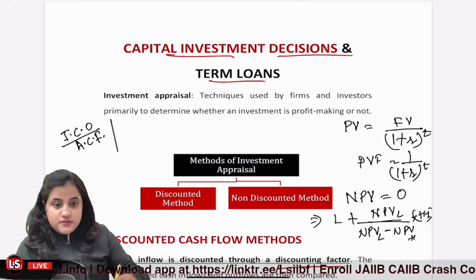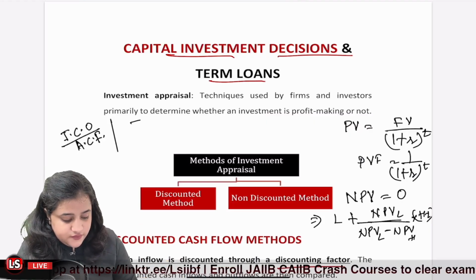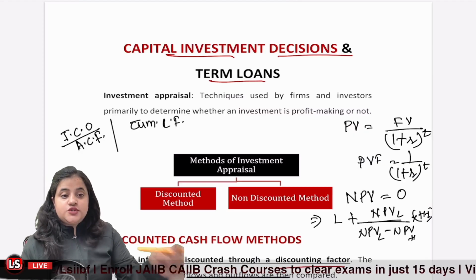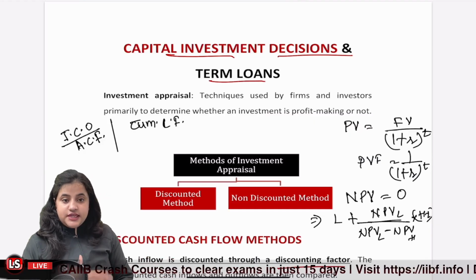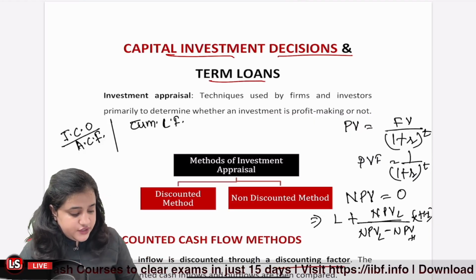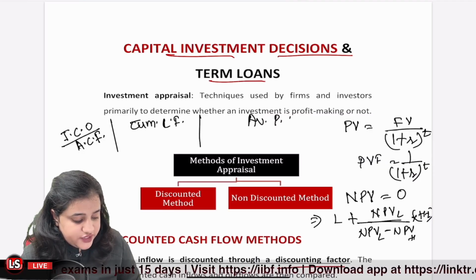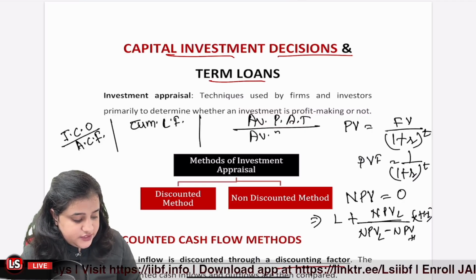But if the cash flows are unequal, then we take cumulative cash flows and we see at which point our investment is getting recovered, right? The next method was accounting rate of return, that is calculated as average profit after tax divided by average investment.